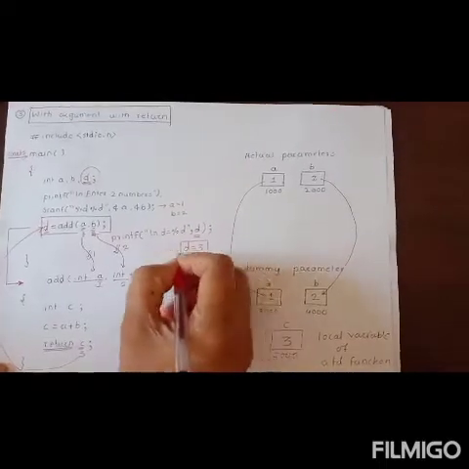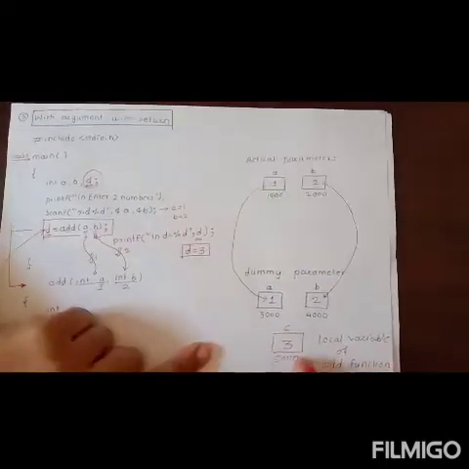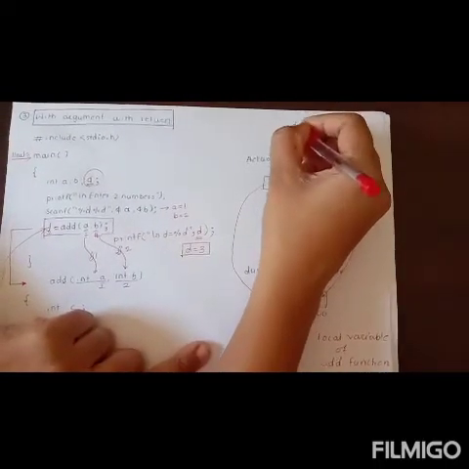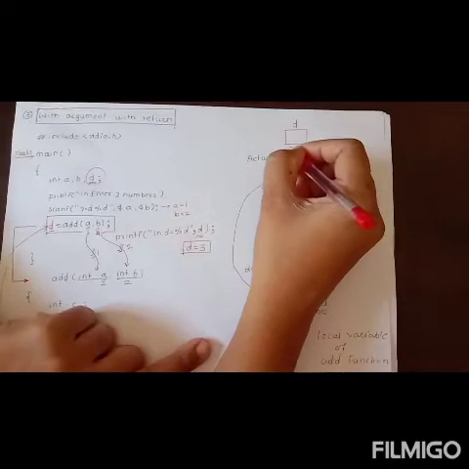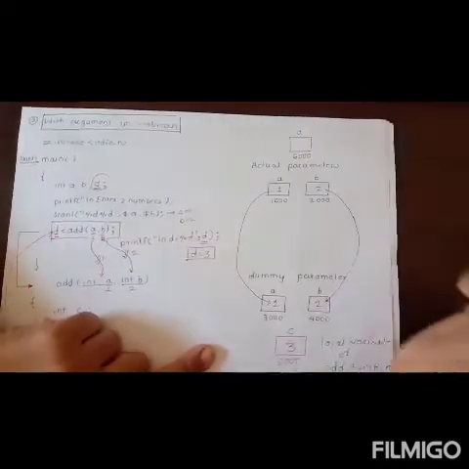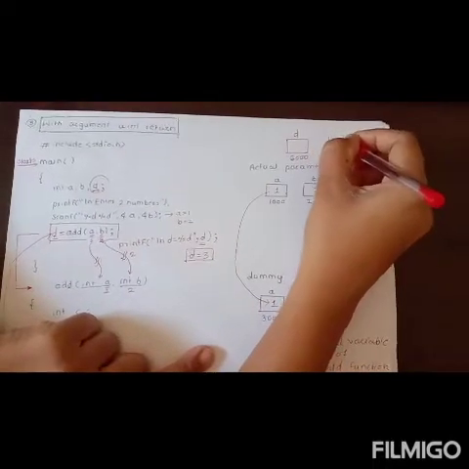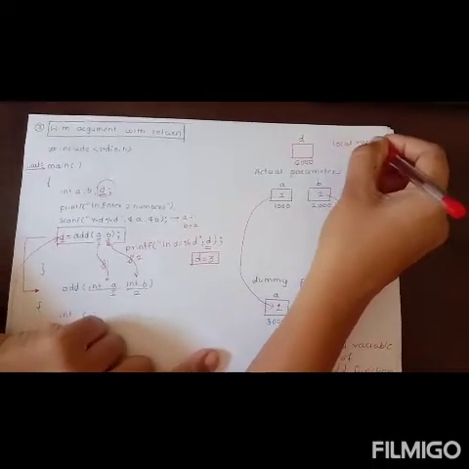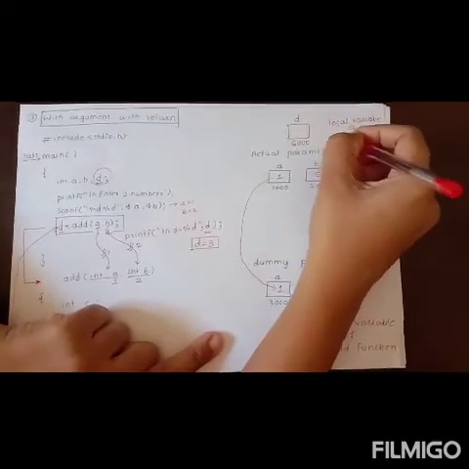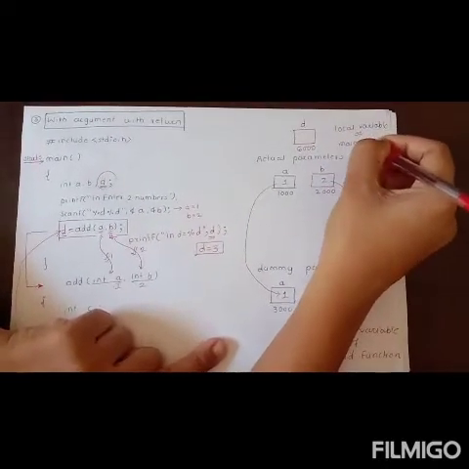Okay, so diagrammatically again I'll show here. This is my d variable, some specific memory initialized by the compiler. Now this d is what? This d is a local variable of which function? Main function.